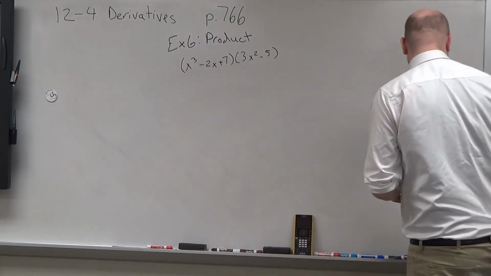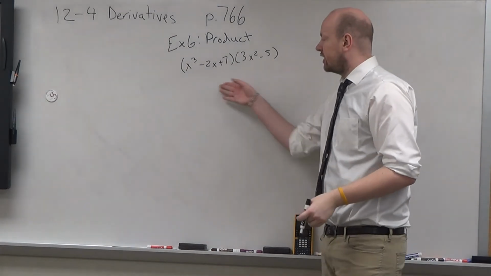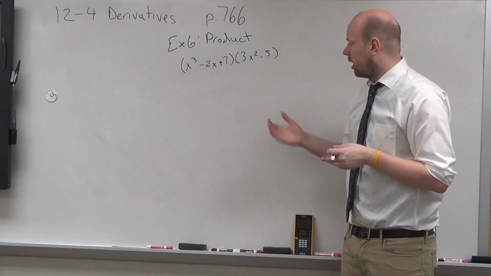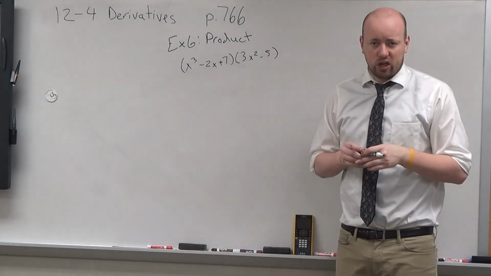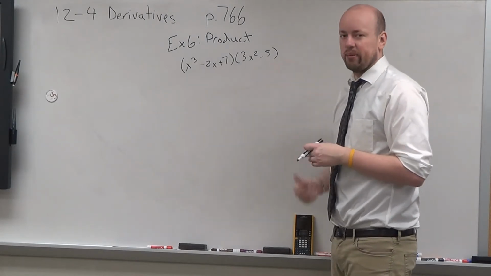Now, technically, just like we did way back in example 3, we could just multiply all this stuff out and then find the derivative of that one function. Some of you may elect to do that. This is just another way of solving these problems, doing the differentiation on each separate one.